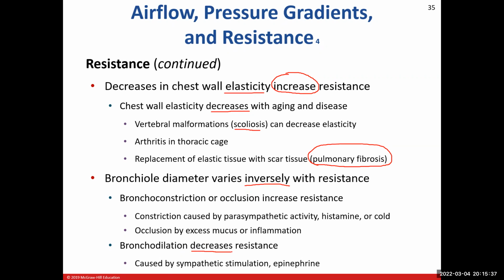And so our sympathetic nervous system is going to cause bronchodilation, whereas our parasympathetic nervous system is going to cause bronchoconstriction. Also epinephrine. For those of you that have been fortunate enough to never experience the use of an EpiPen, you get anaphylactic shock usually because of a severe allergic reaction, a hypersensitivity reaction.